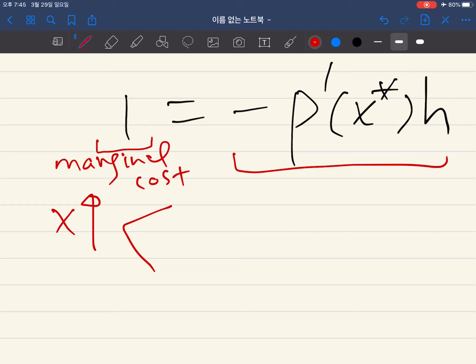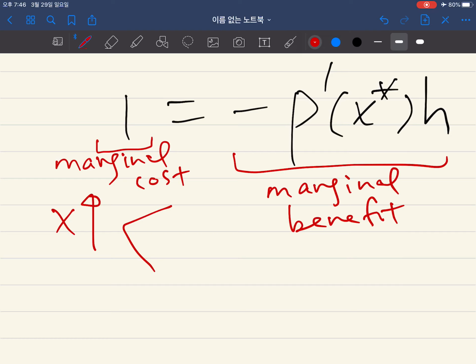Why is this right hand side marginal benefit? If you increase X by additional units, so care goes up by 1, the injurer is more careful by an additional unit. Then what is good?